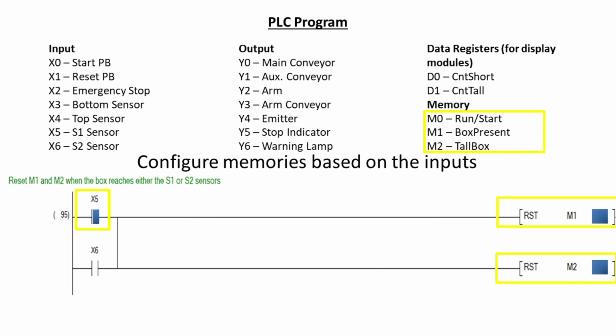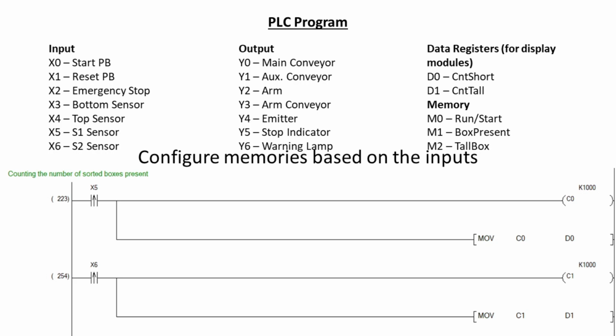Similarly, if M2 is high, it indicates the presence of a tall box. From this point onward, our focus will primarily be on these three memory bits. Regardless of the changes in X0 to X6 inputs, we can determine the process status by monitoring these memory bits.